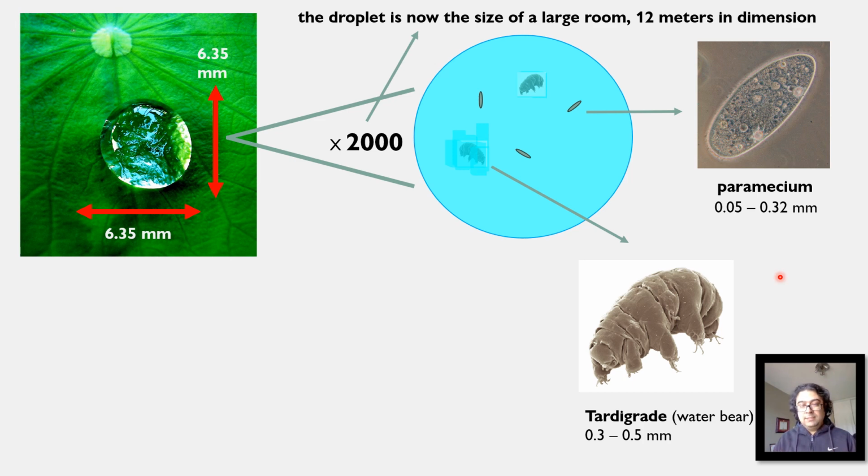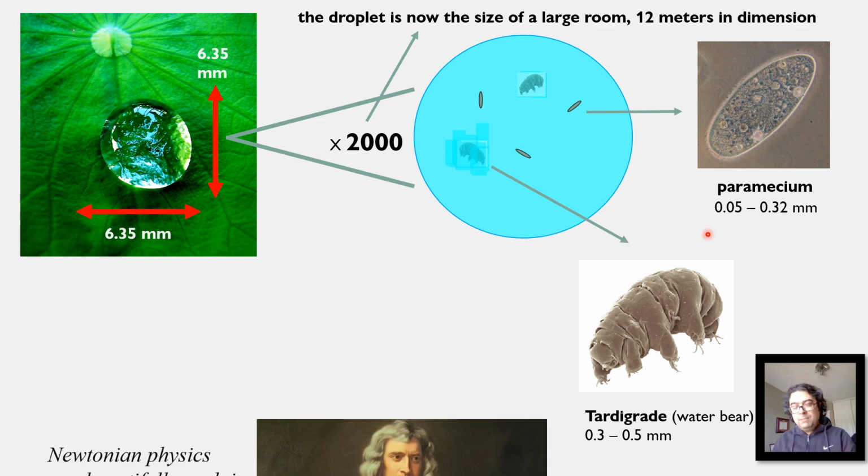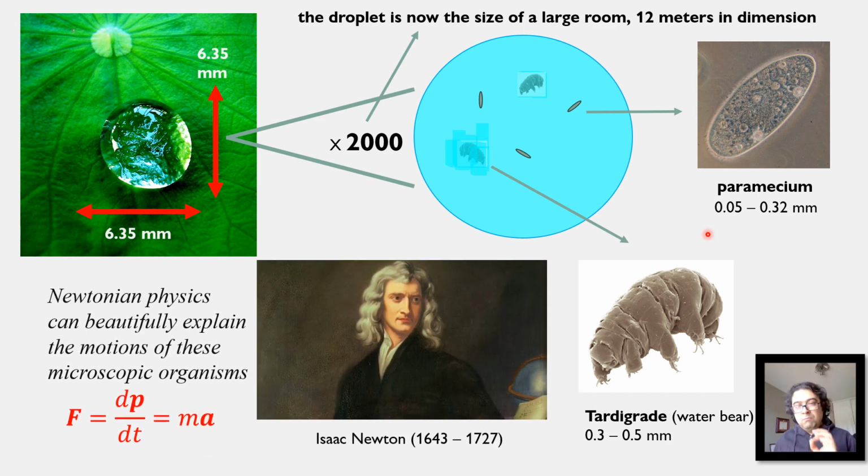But there's one thing to say: although all of these creatures are tiny, we're on the micro scale, but nothing weird is going on here. In other words, their motions, the physics that governs these scales, is actually the familiar classical physics, whose foundations were laid by Sir Isaac Newton in the 17th century.